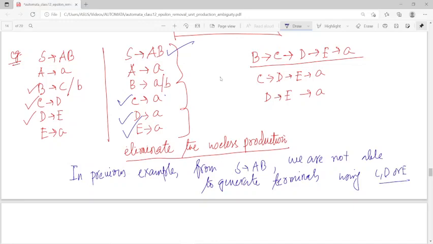So the thing is that they are useless. So we can say this C, D, E are useless.